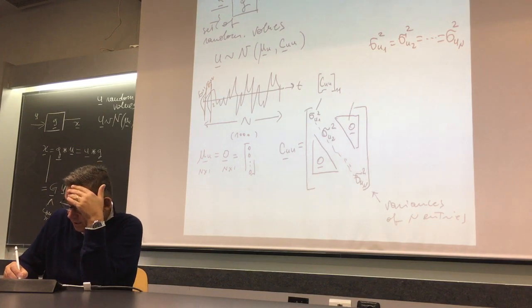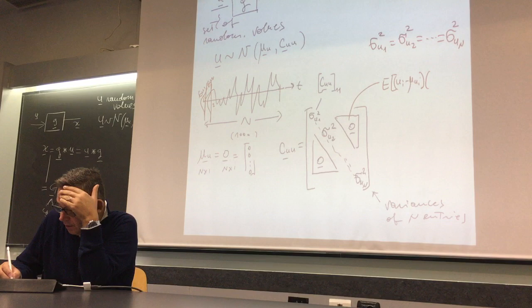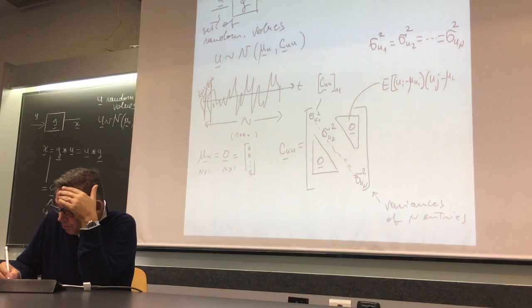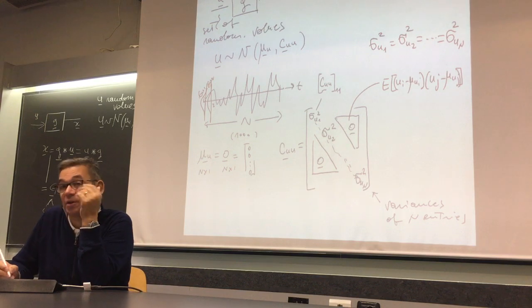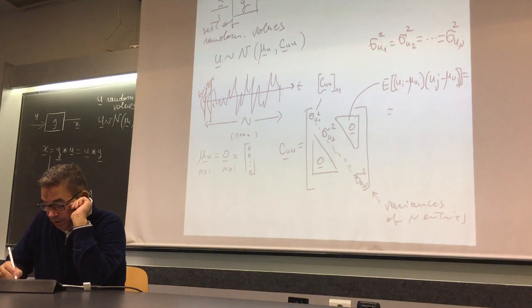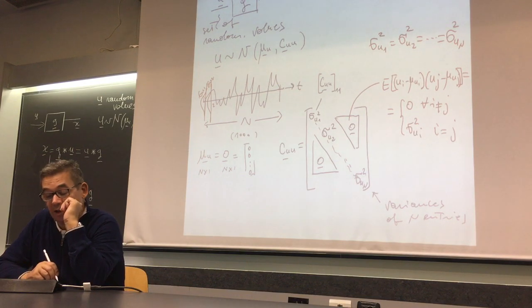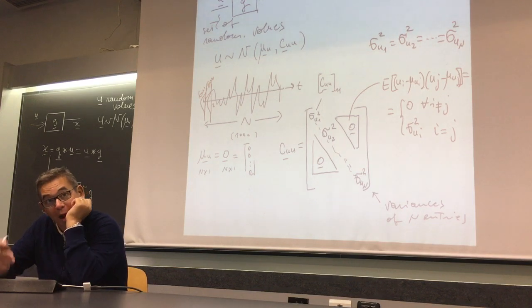That means the expectation of (u_i minus mu_ui) multiplied by (u_j minus mu_uj), where I choose two arbitrary indices i and j, is equal to 0 for any i different from j, and it is equal to sigma squared u_i when i is equal to j. So this is another way of writing this condition.